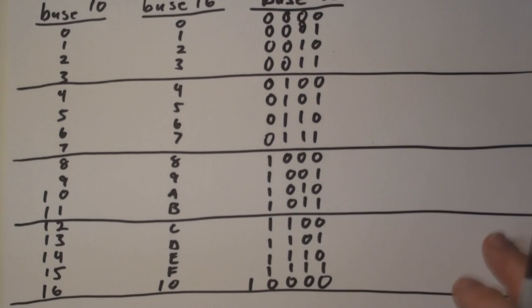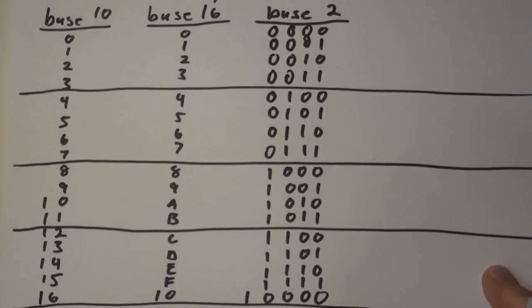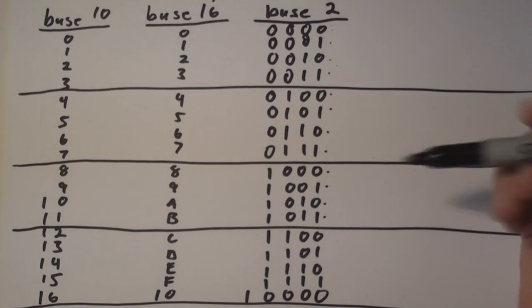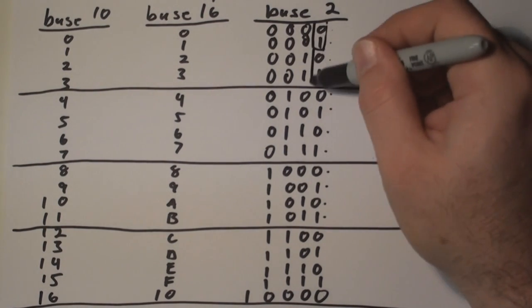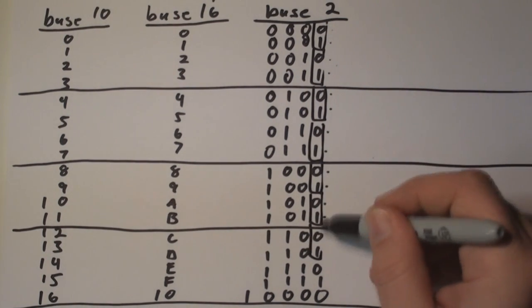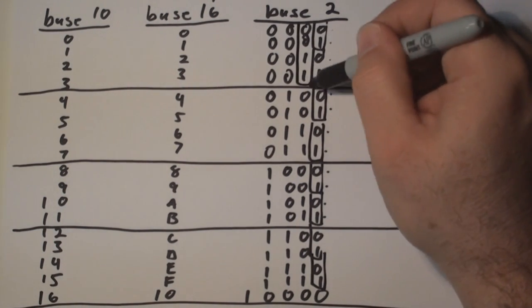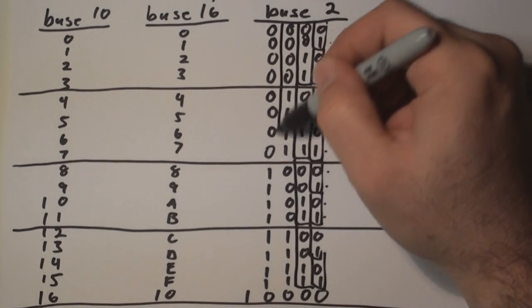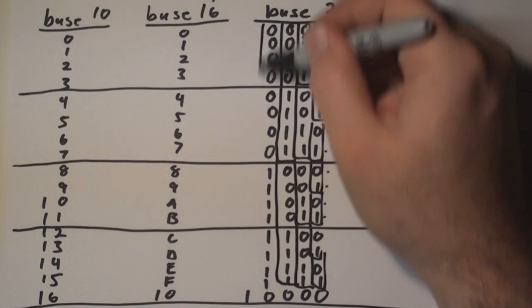But I want to point out something here, that in binary, the first column repeats every 2. Probably better to think of it as every 1, it's alternating because it's the ones column. So every 1 number, it alternates. And the next column, every 2 numbers, it alternates because it's the 2's column. And the next column, every 4 numbers, it alternates.